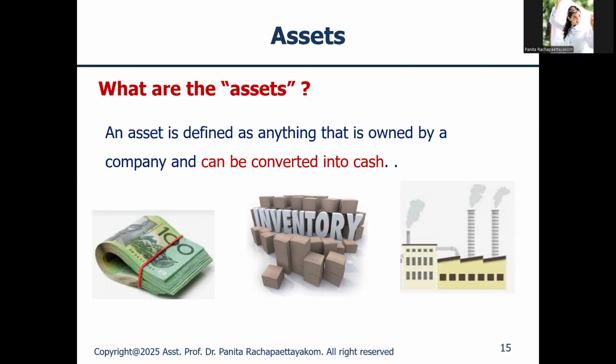For example, on slide number 15, cash is a current asset, inventory is a current asset, and the factory is a fixed asset. All of these on this slide are assets. Again, an asset is anything that the business owns, and, the keyword here, can be converted into cash.